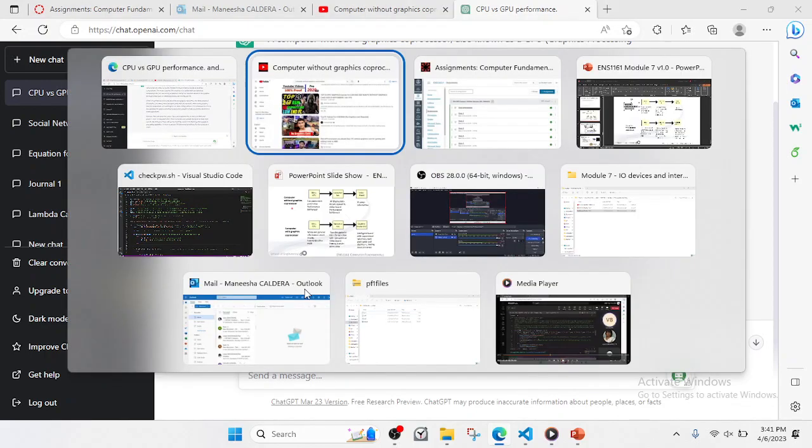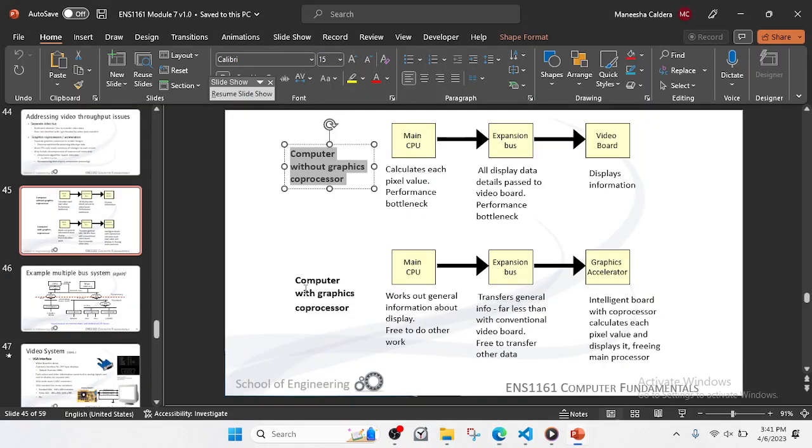We'll go to the slides again and we'll see what is in there. Now, this is the computer without a graphic coprocessor. That means there is no graphic coprocessor, but in here we have a graphic coprocessor. Now, we'll see according to this explanation what is the missing part in here.